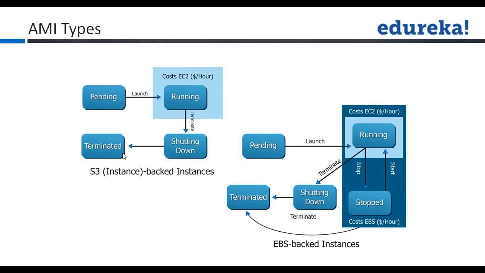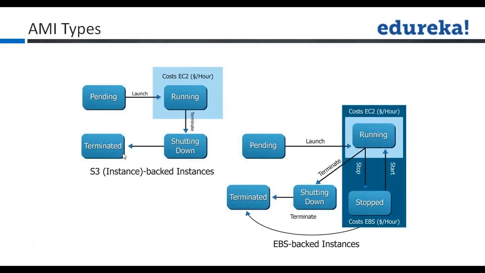Now Shashi has a question. What do I mean by the data loss? Meaning recreating the AMI. See Shashi, what happens in the S3 backed instance when it comes to a running state? Now I want to stop at 5 PM. What would I do? I have to terminate the instance. So I terminate the instance at 5 PM. All data is transient data. It would be lost.